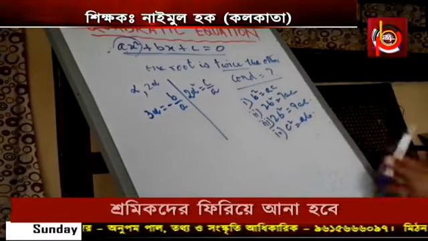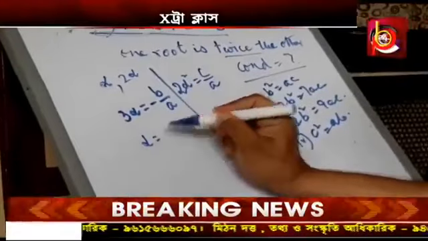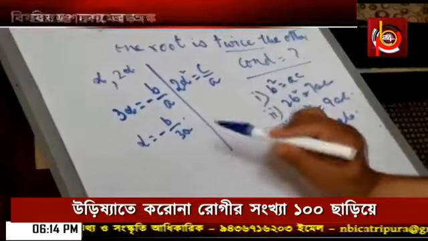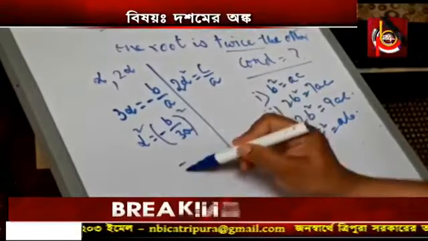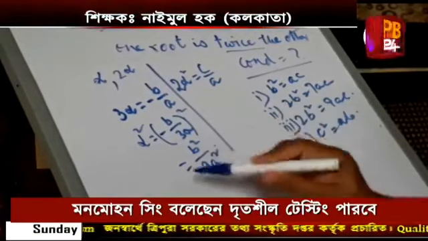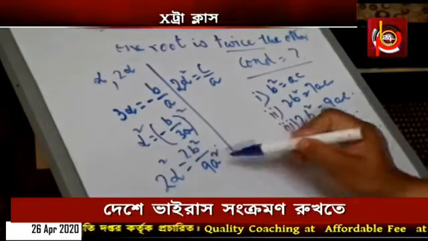See what happens. We can equate this: alpha equals to minus b by 3a, and alpha square is b square by 9a square, and 2 alpha square equals to 2b square by 9a square.